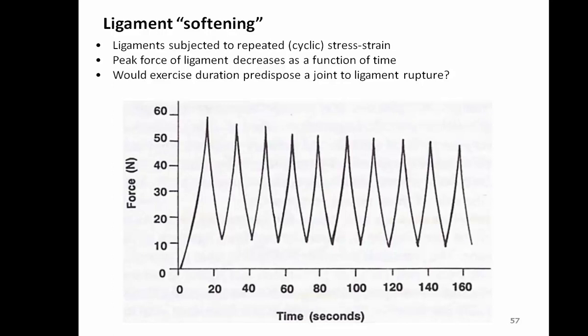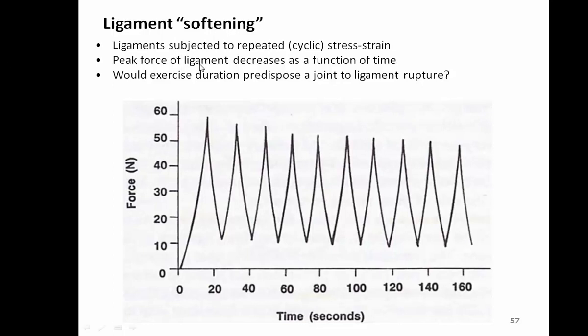And so in this particular illustration here, a ligament is subjected to repeated stress strain over time. And so what happens is that ligaments essentially soften. So there's going to be a stress relaxation response, not just with a single loading, but it's also observable with repeated loading.